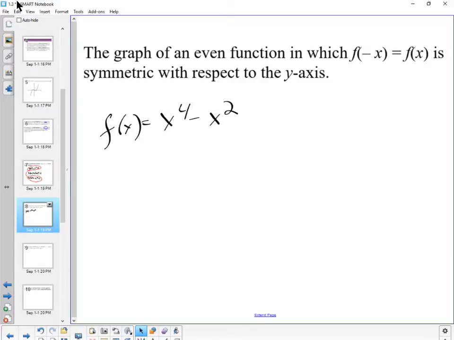Don't graph it. Just figure out if it's odd or even for now.